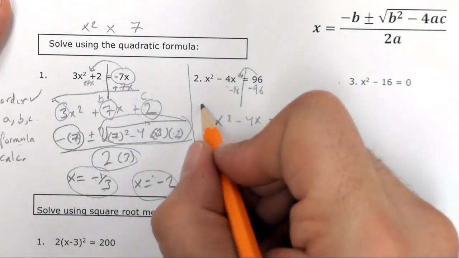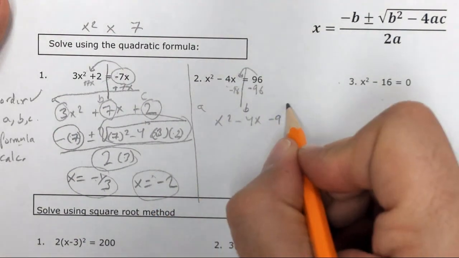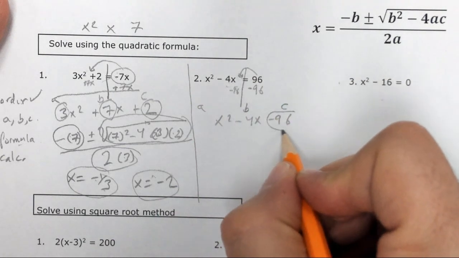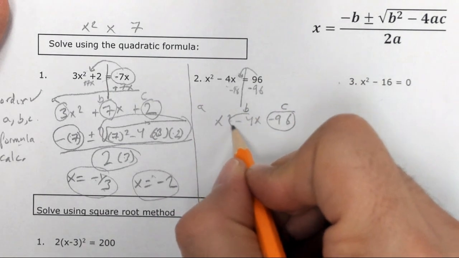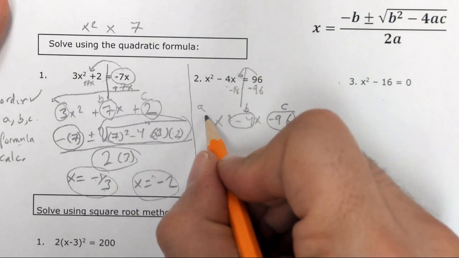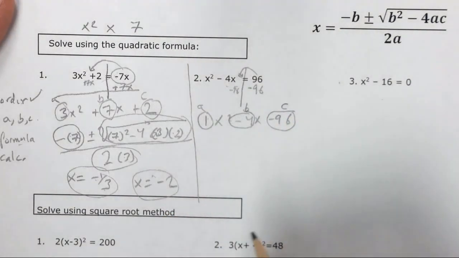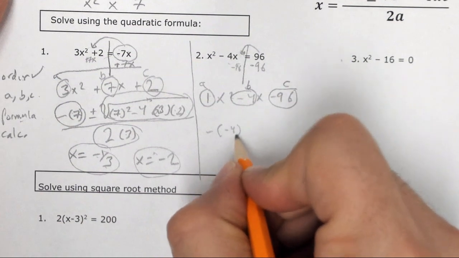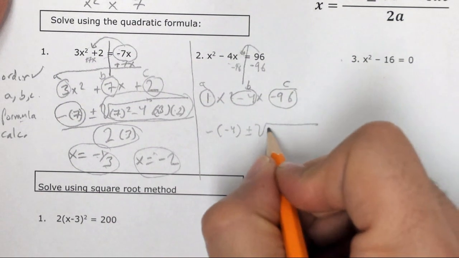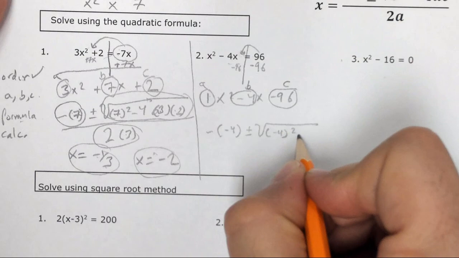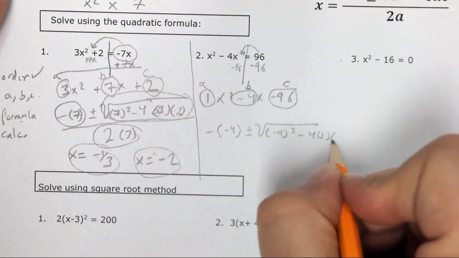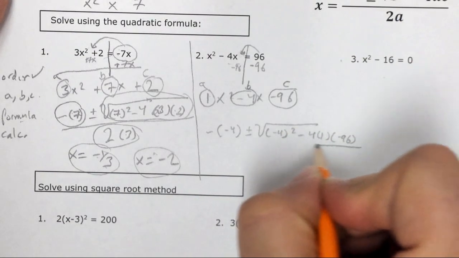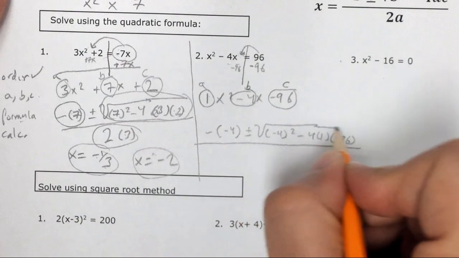Now, A, B, C. Negative 96 is C. Negative 4 is B. And that's 1 for A. Now we write down the formula. Negative B plus or minus the square root of B squared minus 4 times A times C all over 2A.